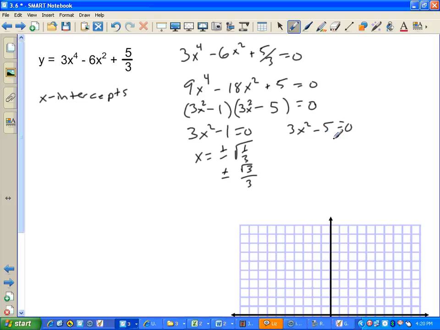This one I'm going to get plus or minus the square root of 5/3. Again, if I rationalize here, I'd have the square root of 5 over the square root of 3. So I need to multiply top and bottom by the square root of 3. So I get the square root of 15 over 3. Okay, these are all my x-intercepts, so I've got 4 of them. I'm just going to bring up my calculator quick here.